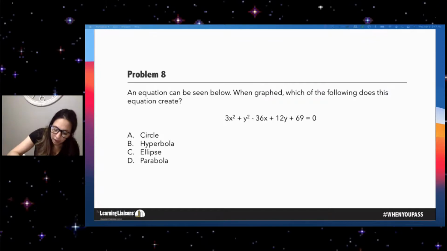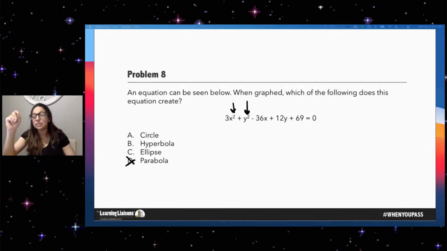I see that I have an x squared and a y squared, both, which means it's not a parabola. Why is it not a parabola? It's not a parabola because a parabola only has x squared, not y squared. It would just be like y equals something x squared plus something plus something. So I know it's not a parabola.